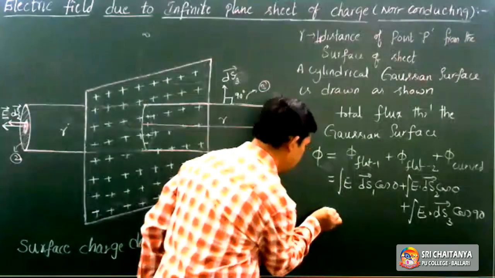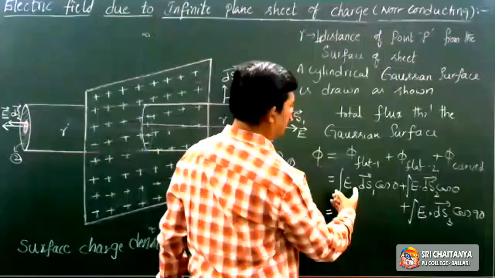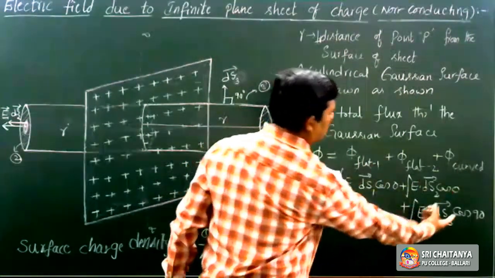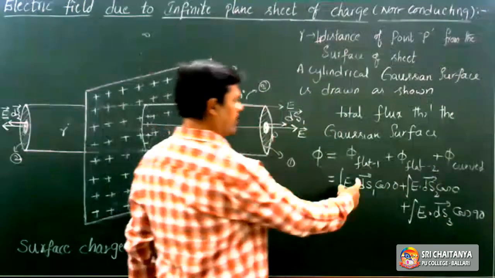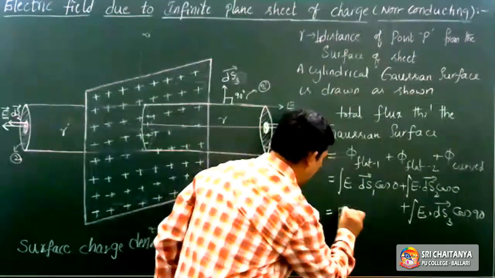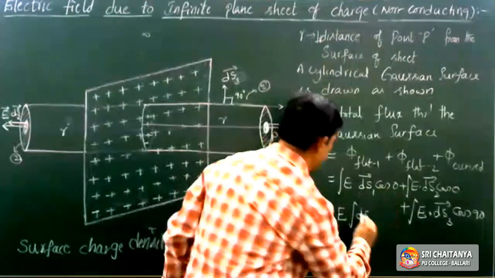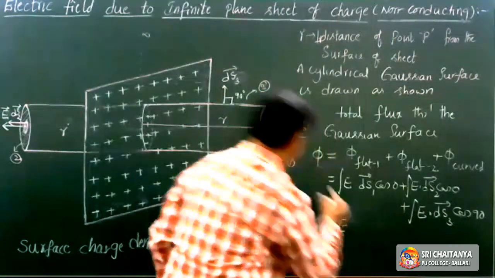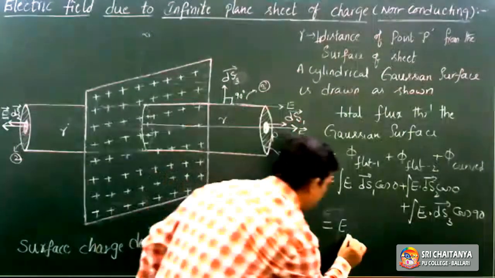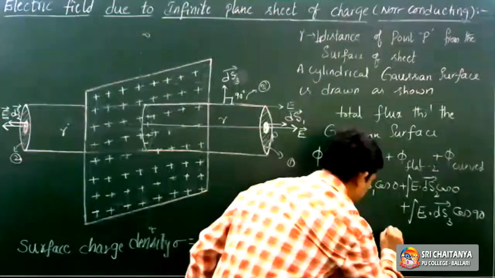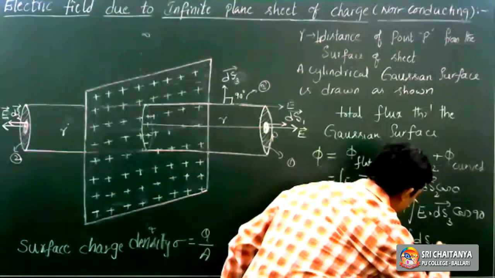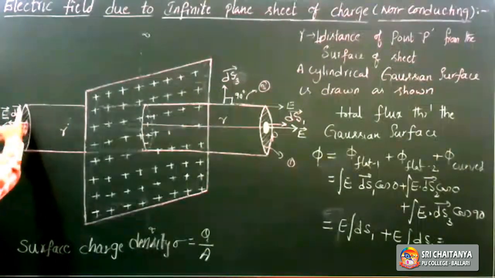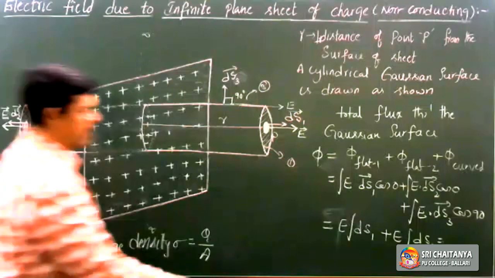Okay. Then what comes out? Integral E dot ds1 cos 0, integral E dot ds2 cos 0. This is cos 90, this is 0. So we got E integral of ds1, since E is constant for this one and this one, plus E integral of ds2, right? Let us say the area of each flat surface is A. Then how can I write?